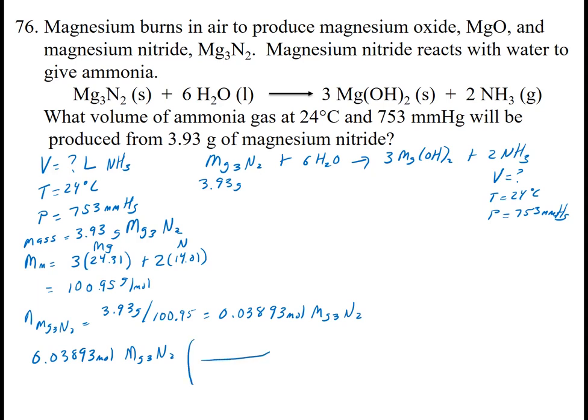With stoichiometry, the one I'm going to is always on top, so I have 2 moles of NH3, and that 2 comes from this coefficient right here, to 1 mole of Mg3N2, and that comes from the fact that there's no coefficient there. When I do that, I get 0.07786 moles of NH3. So now I have an n.